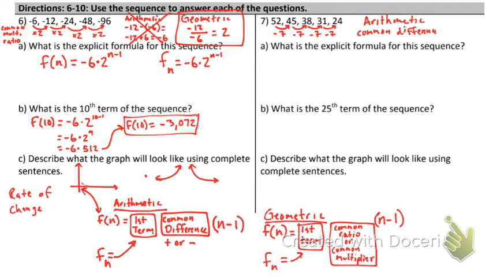Okay, now that we know it's arithmetic, we're going to use this formula to write the explicit rule. So it's f of n again. We'll just use f as our function. Equals, and if you look, the formula says we want the first term, 52.